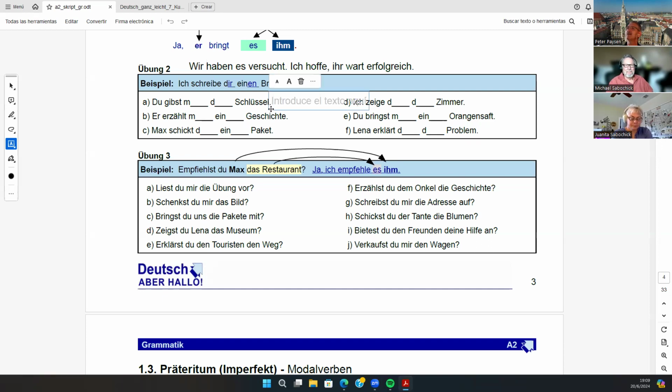Dann fangen wir an. Du und Schlüssel. Du gibst mir den Schlüssel. Okay, sehr gut. Du gibst mir den Schlüssel.